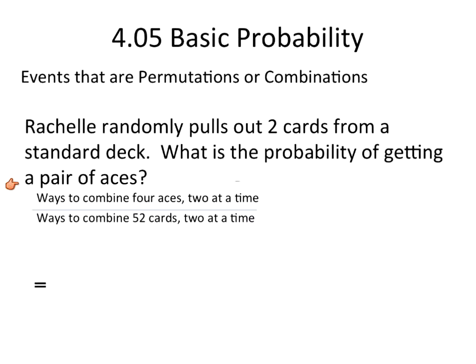I don't care if the ace of diamonds comes before the ace of spades. Or I don't care if the ace of clubs comes out and then, what's the other one? Hearts. And then the ace of hearts. Order doesn't matter. I just care that they're an ace. So if order doesn't matter, am I talking permutation or combination? Combination. Great. Let's circle that one.